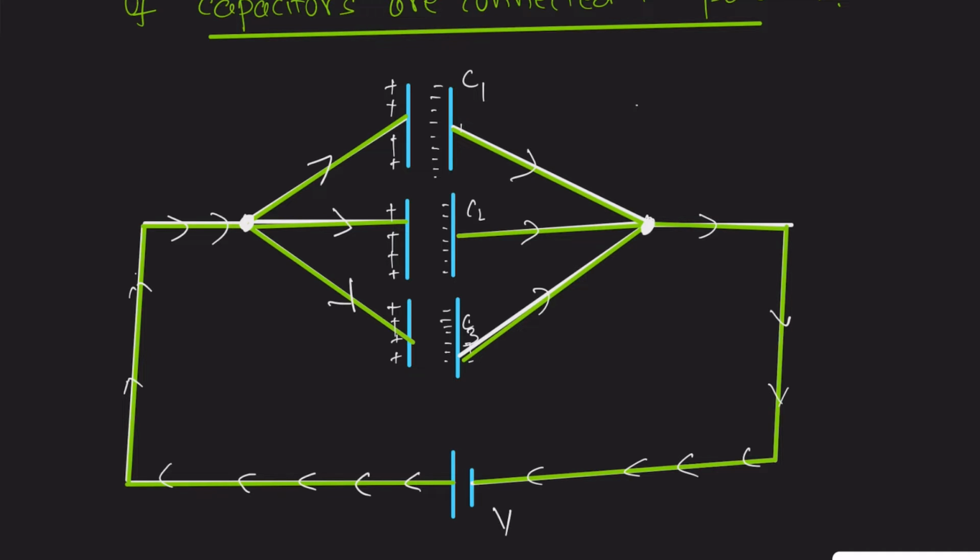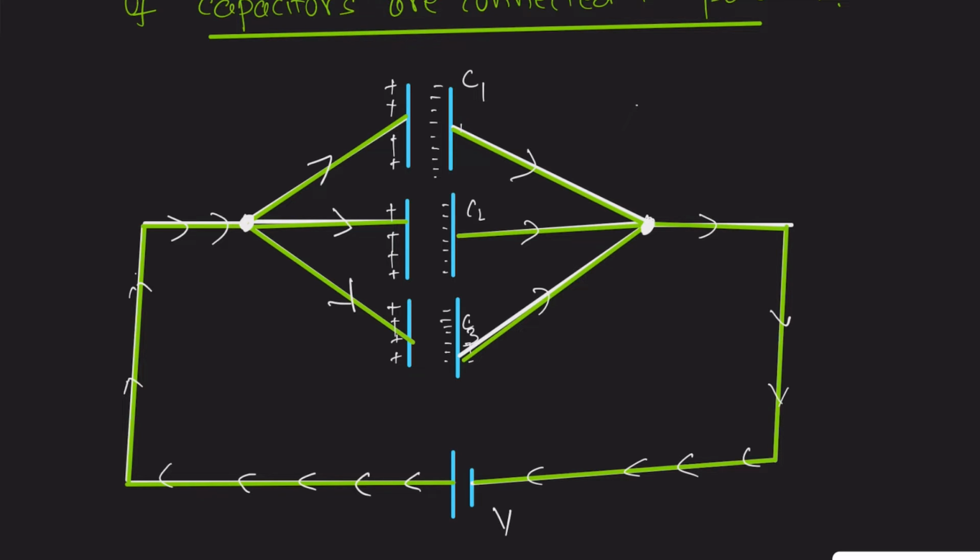So it is a closed circuit. Charge moves from the positive terminal to the negative terminal only if there is a closed circuit. Remember that. Anyhow, see here, the charges are stored on C1, C2, C3 respectively.